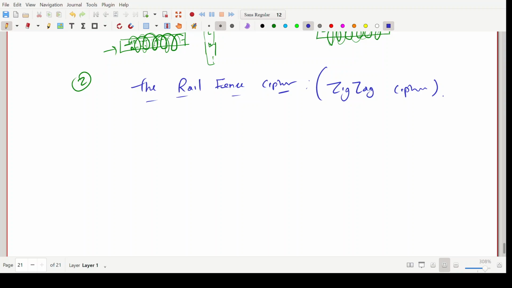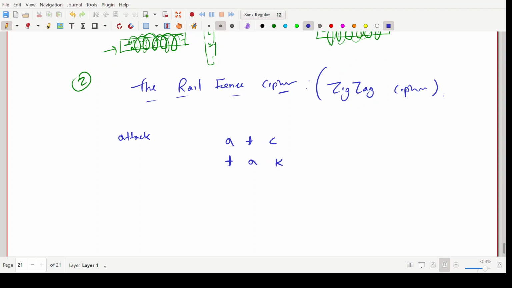It derives its name from the way in which it is encoded. Suppose your message is attack. This is the message you want to send. So how will you write? You write like this: A T T A C K.